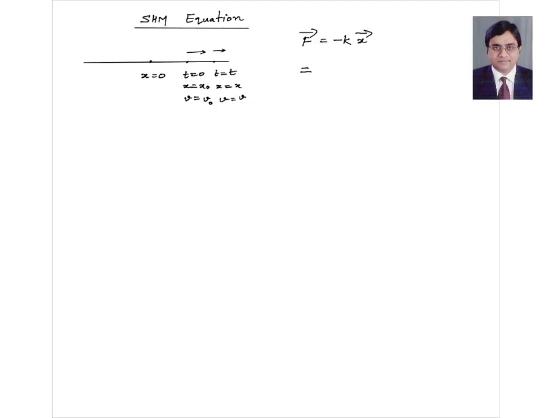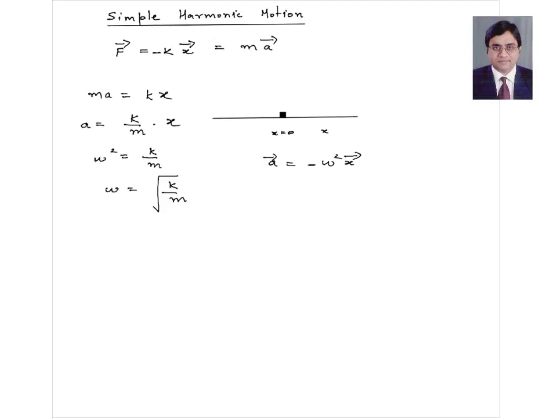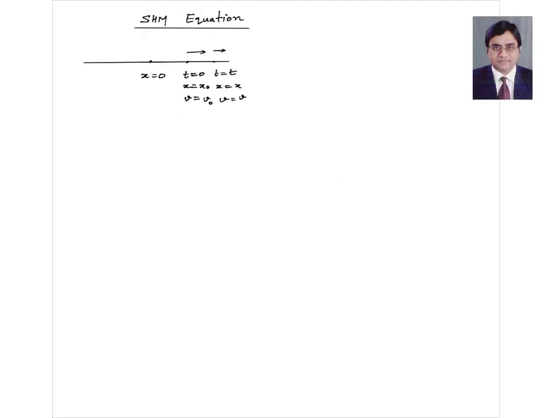Or maybe I can start in this way also. Acceleration is equal to this, minus omega square x. But acceleration is dv by dt.